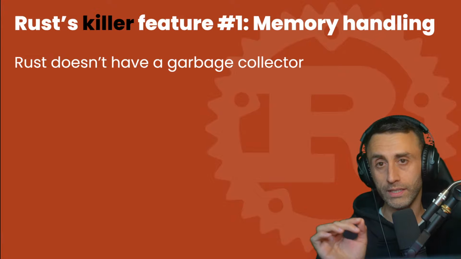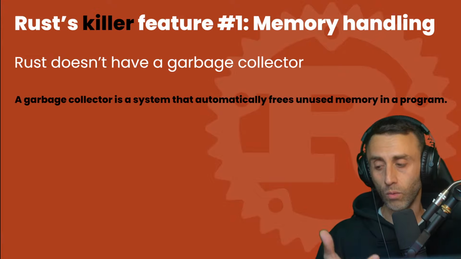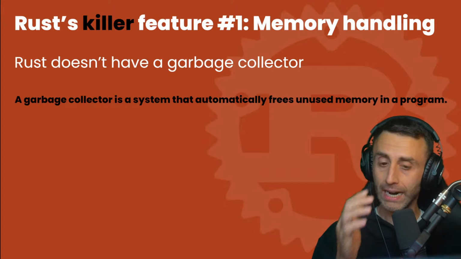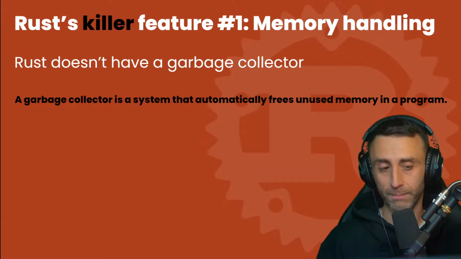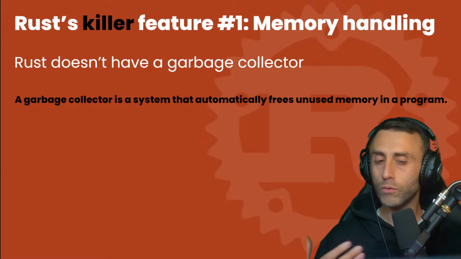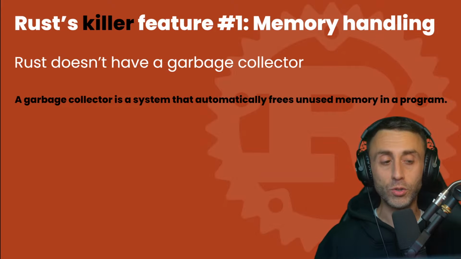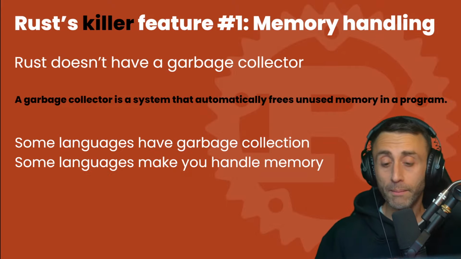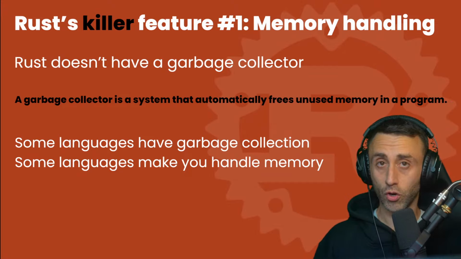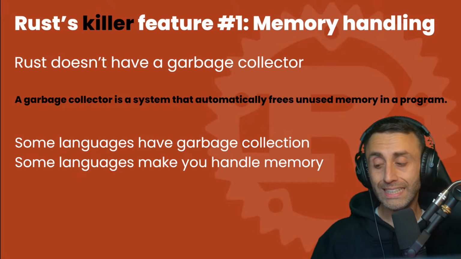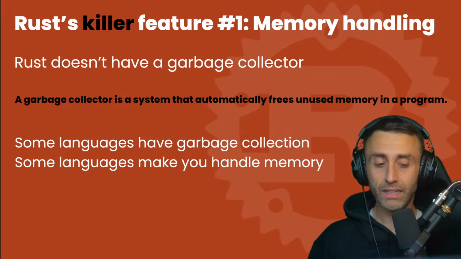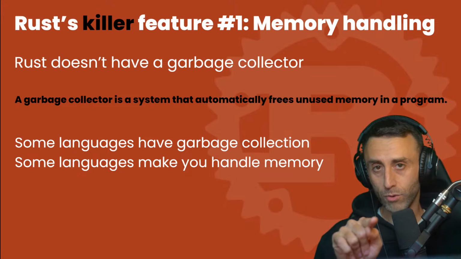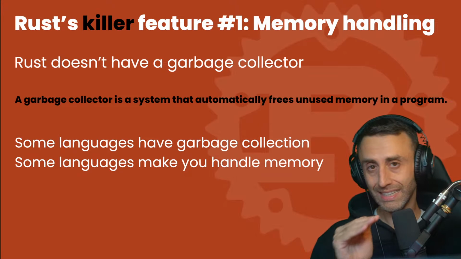If you know what a garbage collector is, great. Otherwise, this is a short definition. A garbage collector is basically a system that a language uses to free some memory, some unused memory in a program. Now, some languages have a garbage collector. Some languages, like C, make you handle memory, and it's an absolute nightmare.